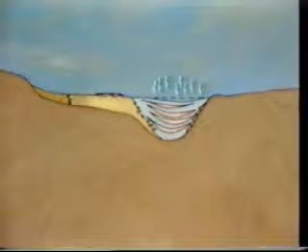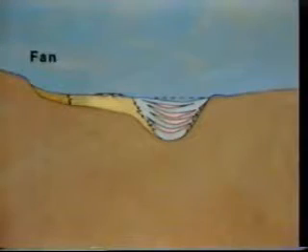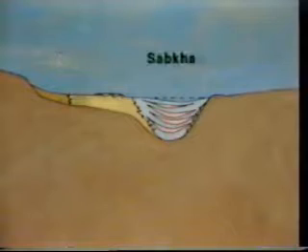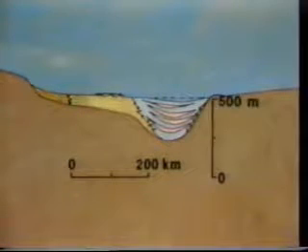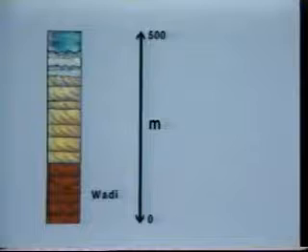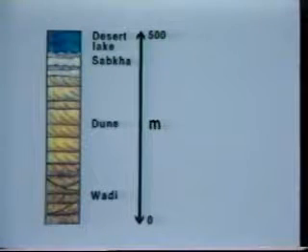The dunes occupied a transition zone between the conglomerates and sands of the alluvial fan and seasonal braided stream, or wadi environment, and the evaporitic red mudstones of the Sabkha playa lakes to the north. The transition, which takes place over some 200 kilometers, is also seen in the overall transgressive vertical sequence, where wadi sediments are successively overlain by those of the dune, Sabkha, and desert lake environments.